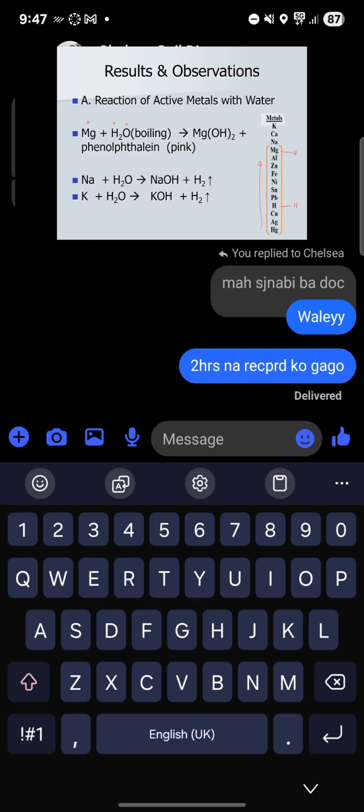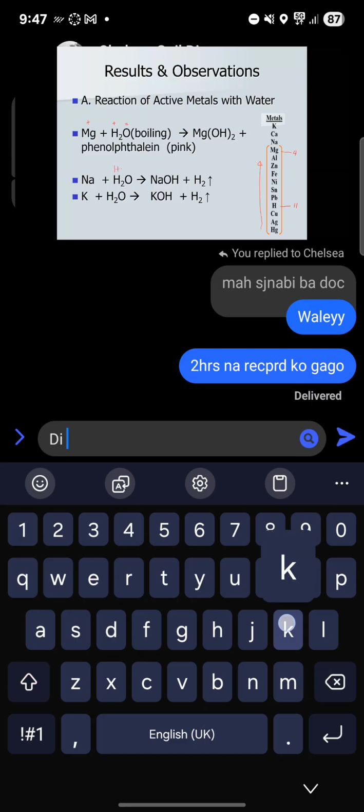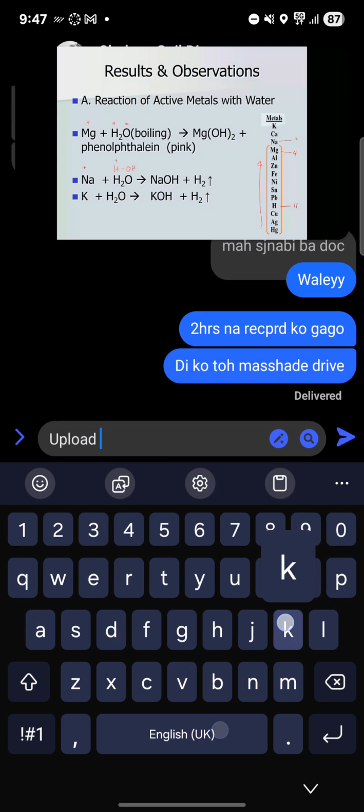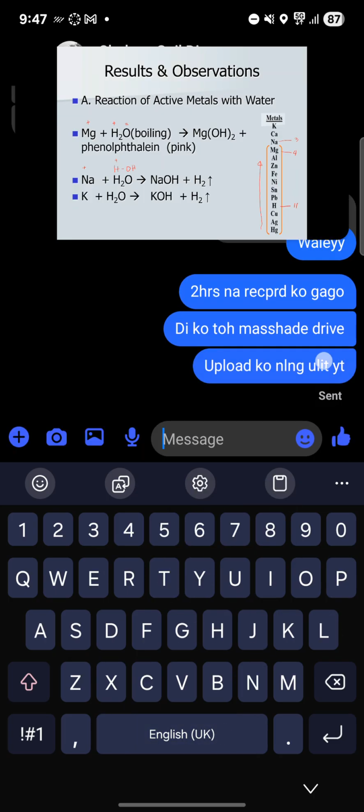Pwedeng palitan ng sodium. So example, your sodium with your hydrogen hydroxyl. So positive ion ng sodium, positive ion din ng hydrogen. When we count of its reactivity, sodium from the top, that will be the third element. Hydrogen, 4, 5, 6, 7, 8, 9, 10, 11.